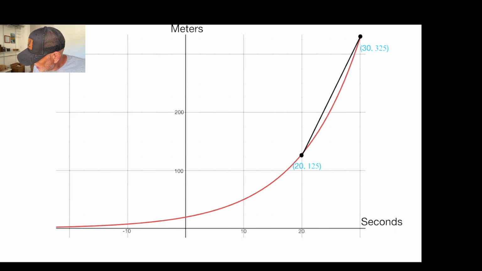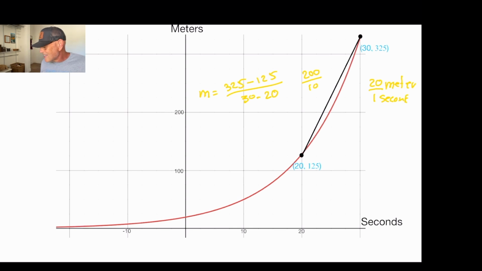We have rise, 325 subtract 125, over 30 subtract 20. On top, we have 200. On bottom, we have 10. That simplifies to 20 over 1. Let's label that. The top label is meters, and the bottom label is seconds. So in the next 10 seconds, from 20 to 30, you can see that the average rate of change is 20 meters per second.